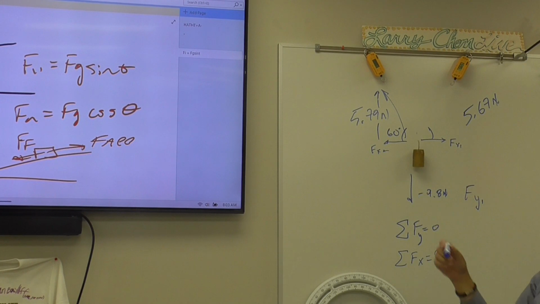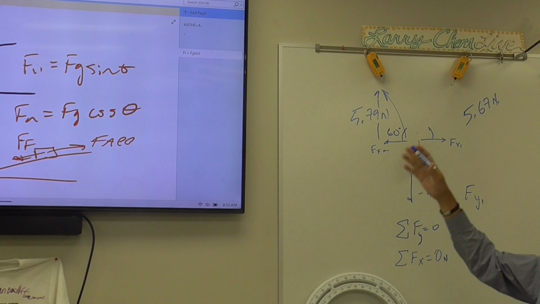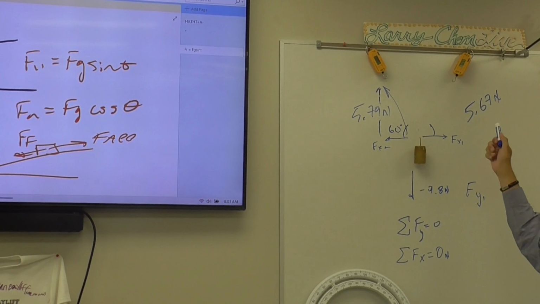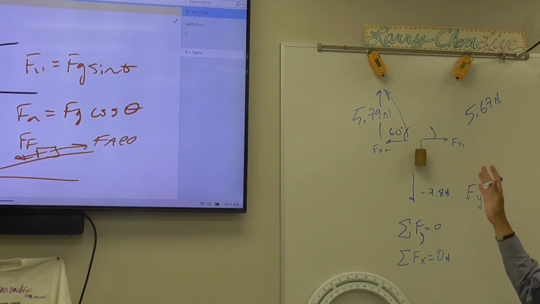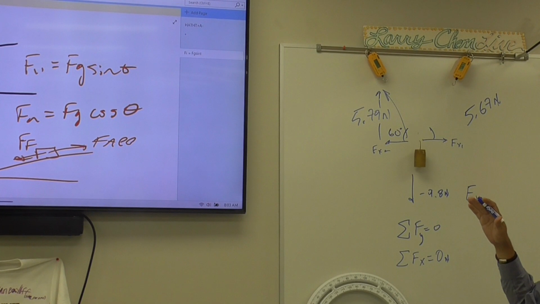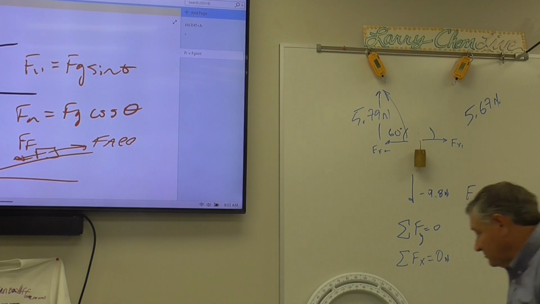And your x components, when you find those, should be equal and opposite. Now, I'm going to increase the angle. I'm going to make it even wider. What should happen to the tension? Increase, because I'm not changing my y components, but what am I doing with my x components? Making them larger.